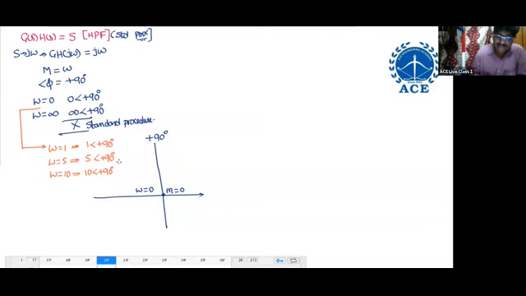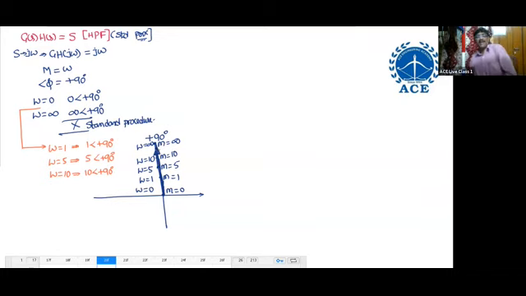Omega 1, magnitude 1 at plus 90. Omega 5, magnitude 5 at plus 90. Omega 10, magnitude 10 at plus 90. Omega infinity, magnitude infinity. So this is the plot, this is the direction, this is the polar plot.